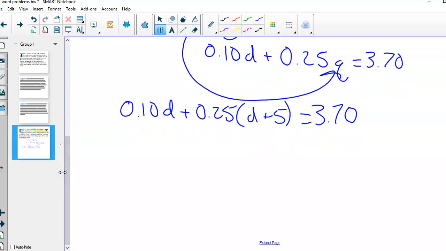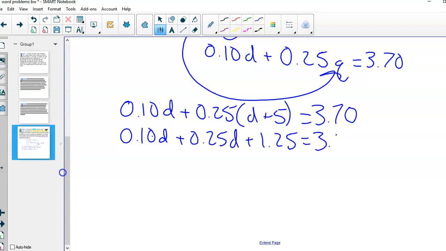And then what? Distribute: 0.25D. What is 5 times 0.25? It is 1.25. When we combine our D's, how many do we have? 0.35.